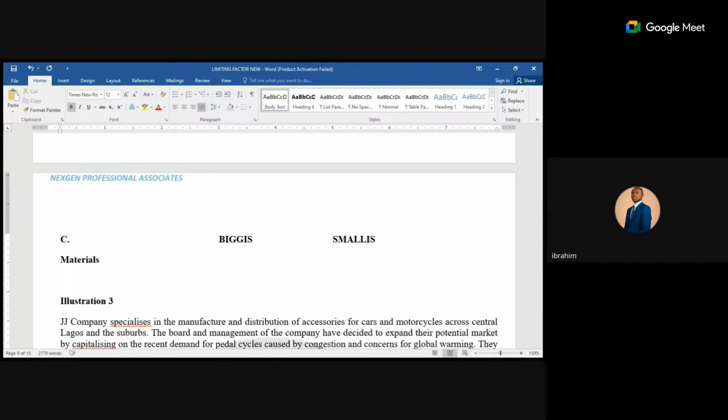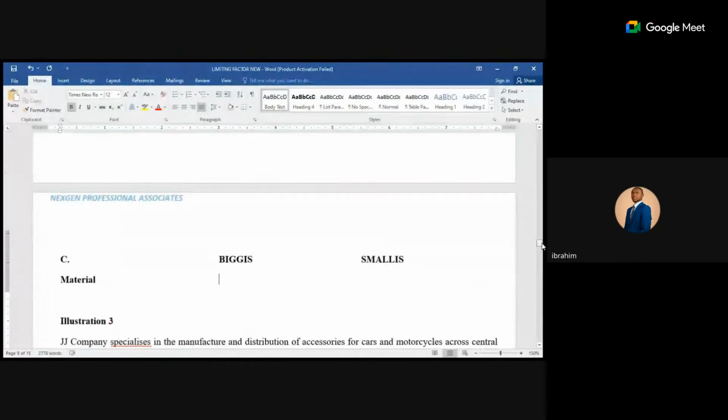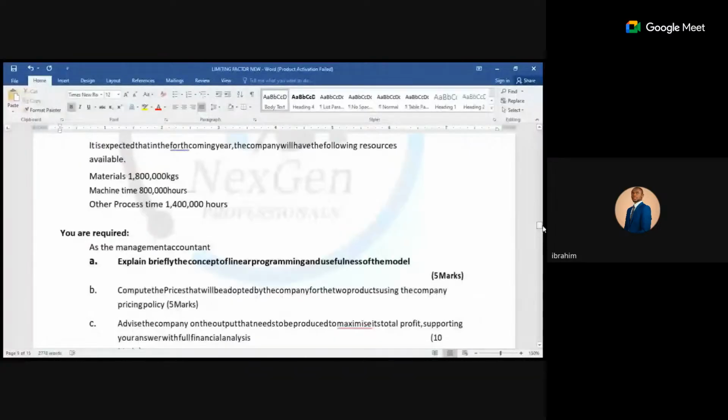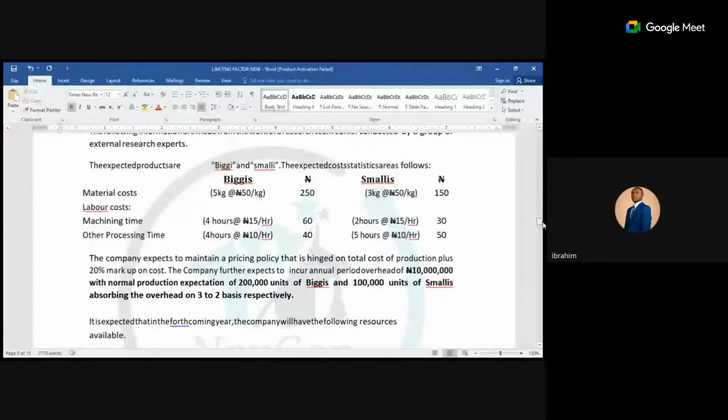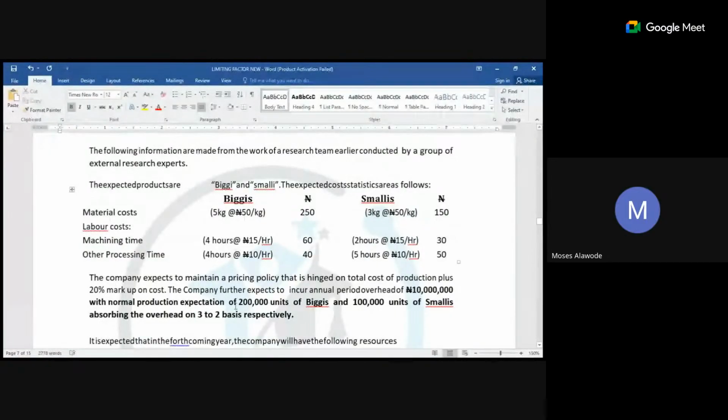How much material are we going to use for biggies? 200 units. You use 200 material for biggies, 100 for smallies. That is material. Sorry, 250.